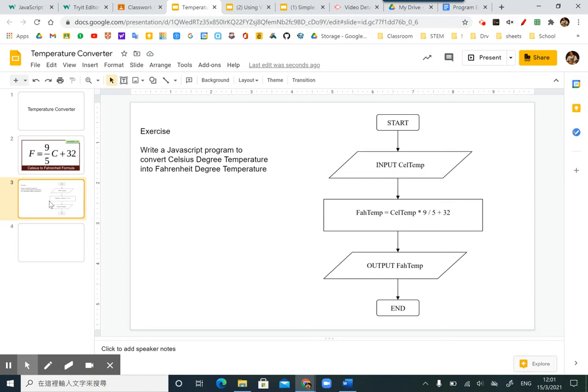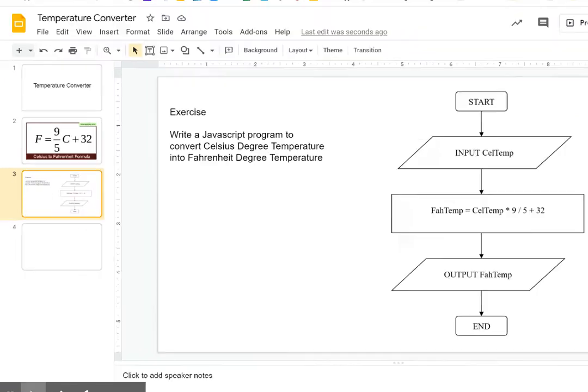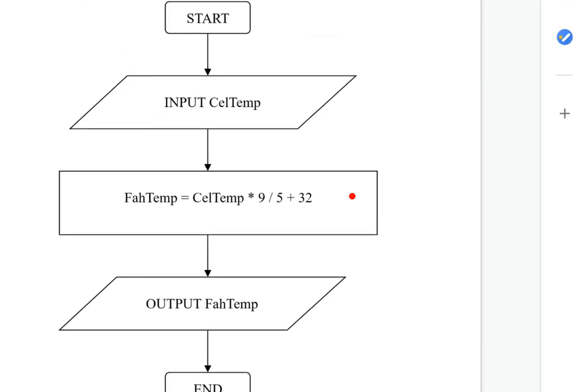So what we get is the Celsius temperature, and then I want you to convert the Celsius temperature into Fahrenheit temperature. Here I give some variable names so you can understand. CelTemp means the Celsius temperature, and FaTemp means the Fahrenheit temperature.